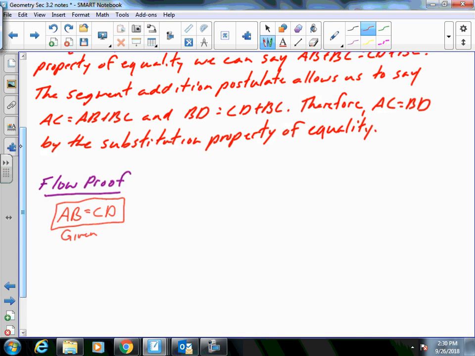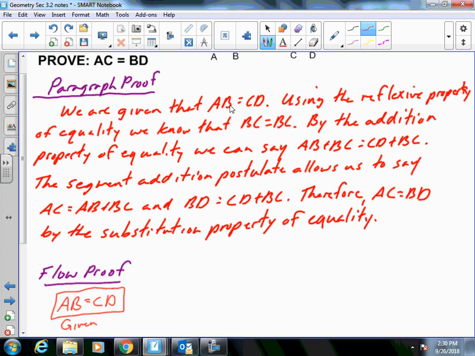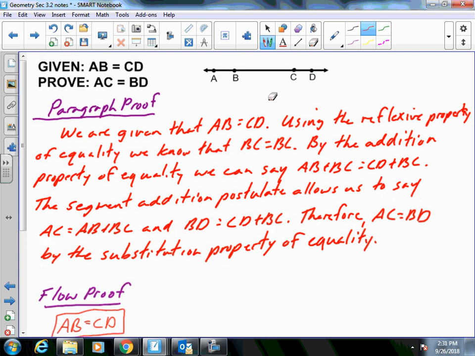Now then, one thing about a flow proof is we want to connect the parts that are connected and show if we start with one thing, then we draw an arrow to connect it to the next thing that it created. And so our next step was that we used BC equals BC with the reflexive property, right? Now, we did not get BC equals BC from the given information. We actually get that BC equals BC from the picture. Right? We're saying that this section BC is equal to itself.